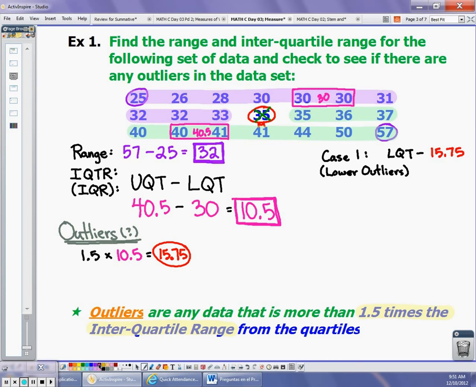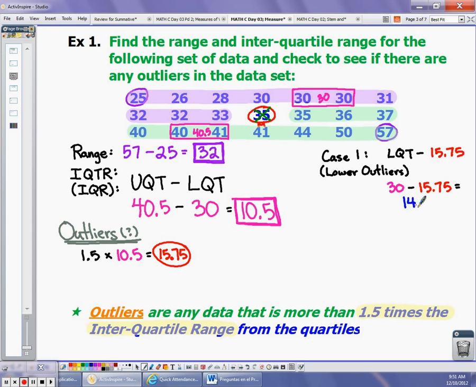My lower quartile, we stated earlier, was this 30 right over here. So I'm just going to do 30 minus 15.75, and whatever that gives me is going to tell me the boundary of my outlier. So if I do the math, 30 minus 15.75, that's going to give me 14.25.